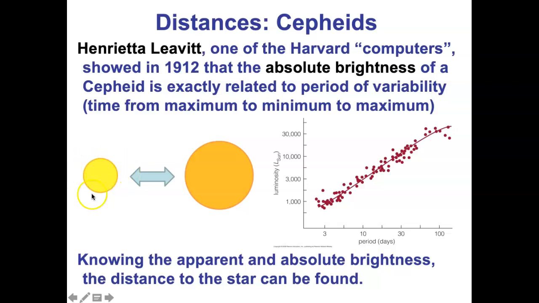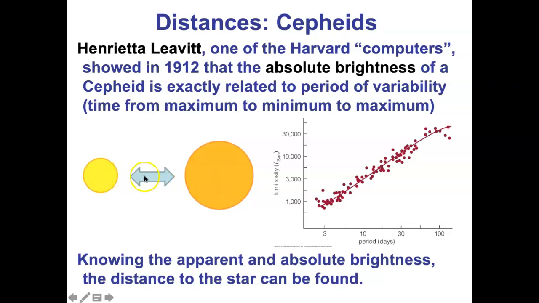When pressure is stronger than gravity, the star expands and then it cools off. And when the star cools off, pressure drops, the gravity pulls the star back inward, and the star collapses down again and heats up until the pressure builds up and causes the star to expand again.